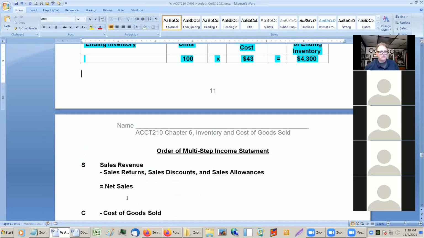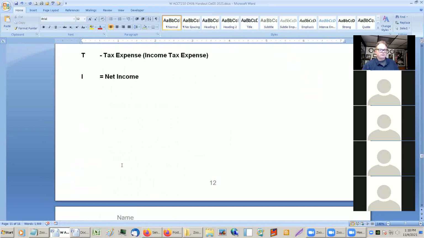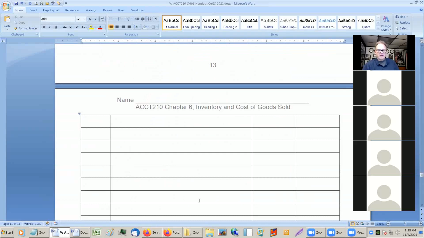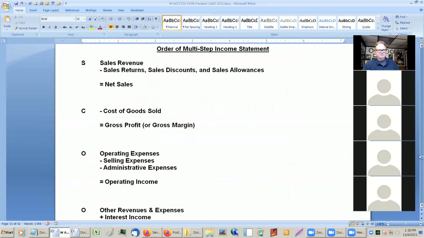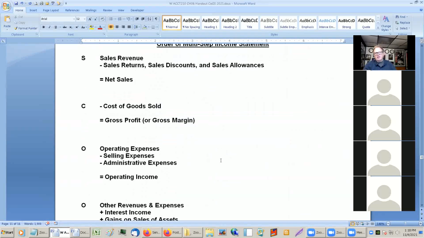Okay. Multi-step income statement. I don't think I have a good way to show this one. Maybe I do. I'll try. So multi-step income statement. It's similar to the classified balance sheet.